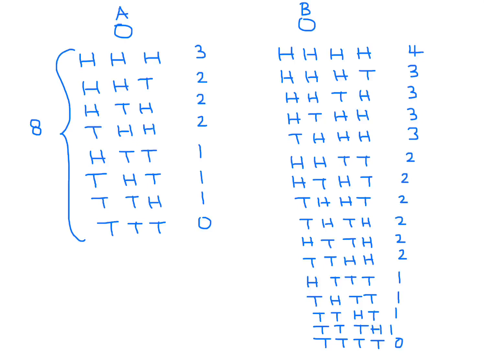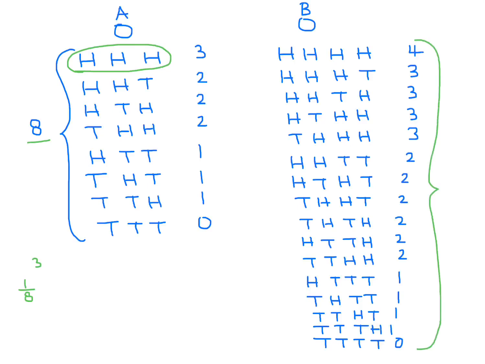Let's first concentrate on the scenario of 3 heads. How do we get 3 heads from A? Well, there's only one scenario. That's if all 3 of them are heads. So out of the 8, there's one way of doing that, 1 out of 8 ways. Now, for B, what's the total number? Well, total was 16, correct? Now, how many ways of the 16 can I get 3 heads?